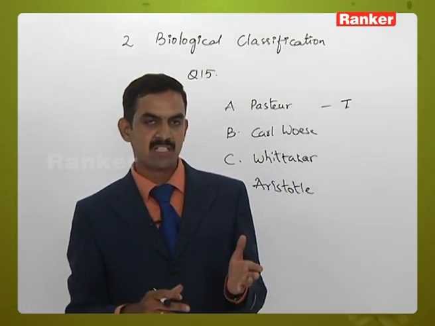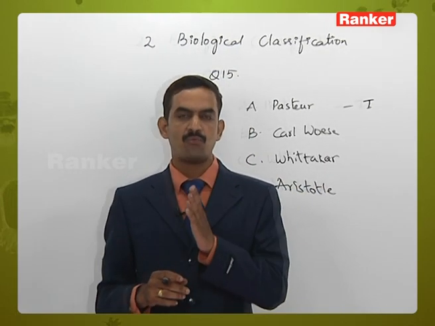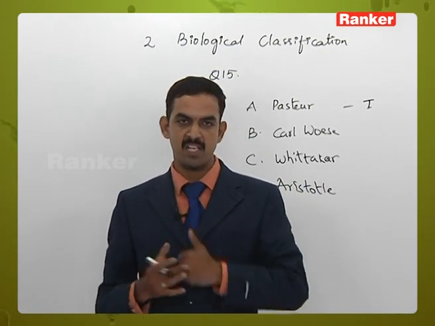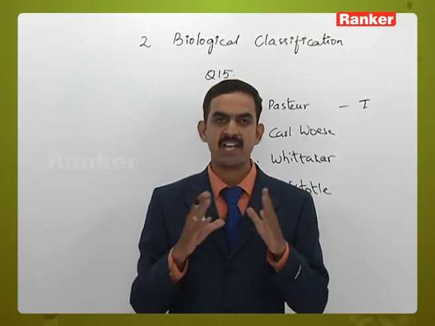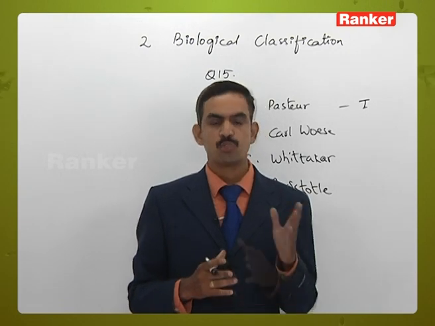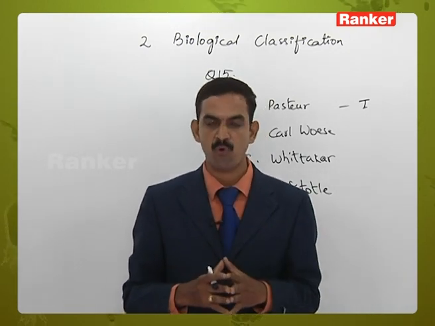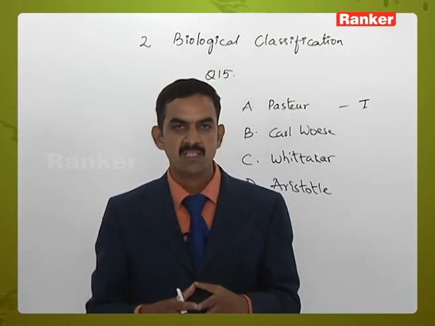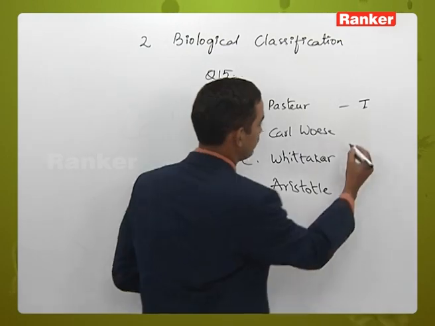So, according to Whittaker, 5 kingdoms are there, that is Monera, Protista, Fungi, Plantae and Animalia. So, what Carl Woese had done is, he had divided Monera into 2 groups. So, that is 2 kingdoms are there, and apart from that, the remaining 4 Protista, Fungi, Plantae and Animalia. So, total 6 kingdoms are present.